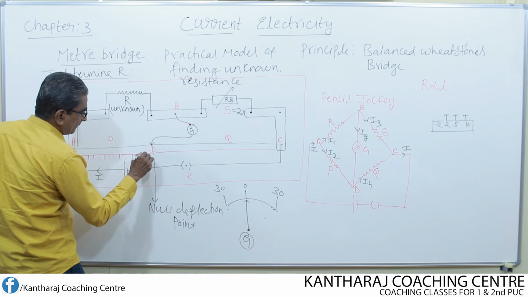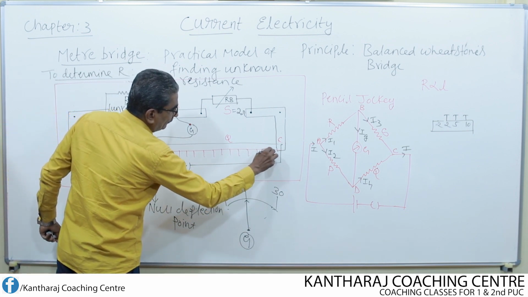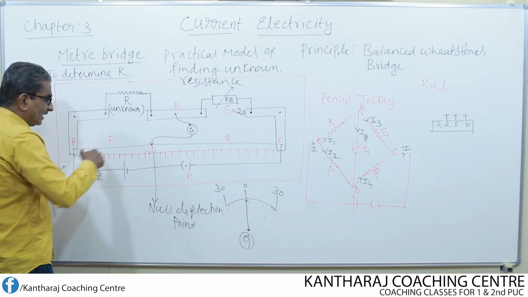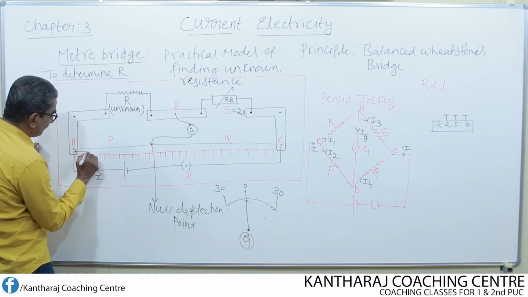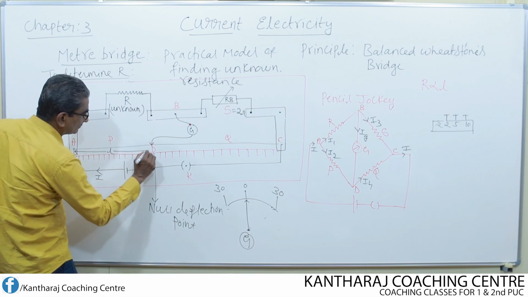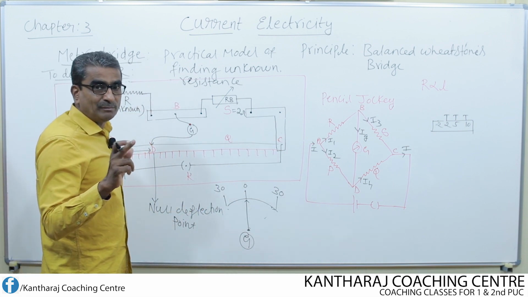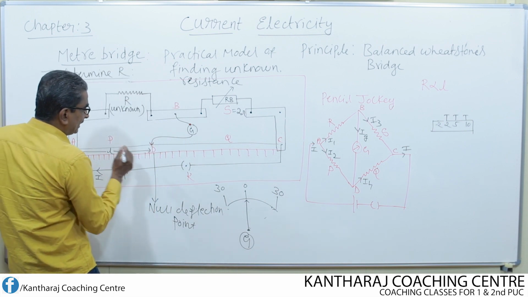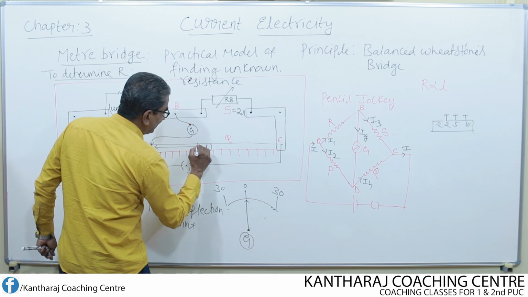With the help of this scale, measure this length. Now let this length from A to D be equal to L. Then what will be the remaining length? It will be 1 minus L, because the total length is 1 meter. From 1 meter you subtract L, then the remaining length will be 1 minus L.